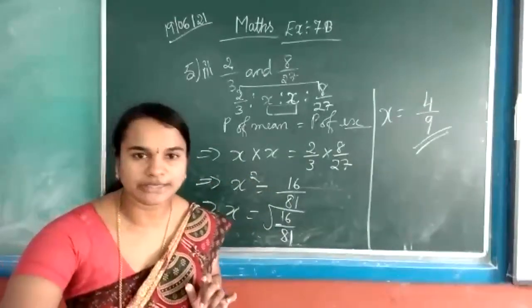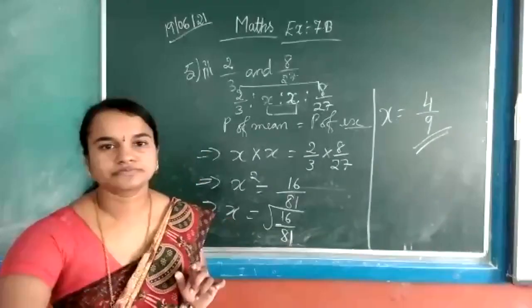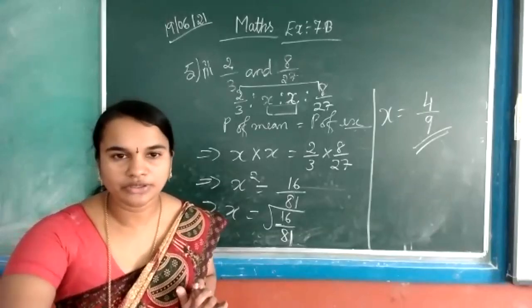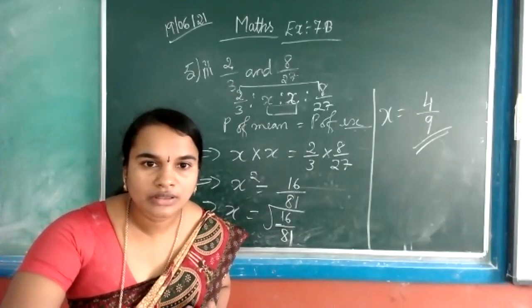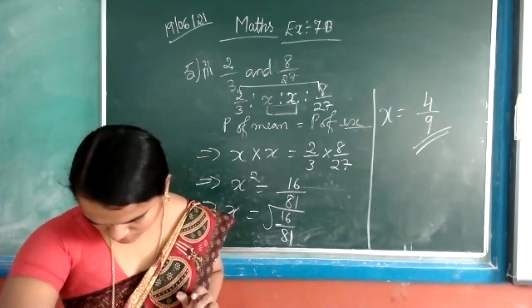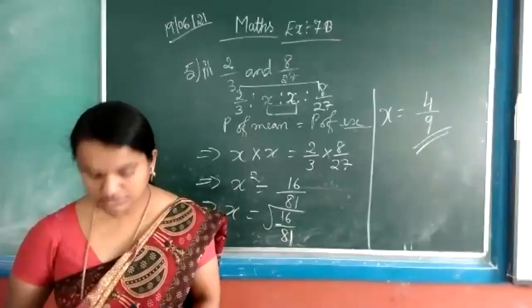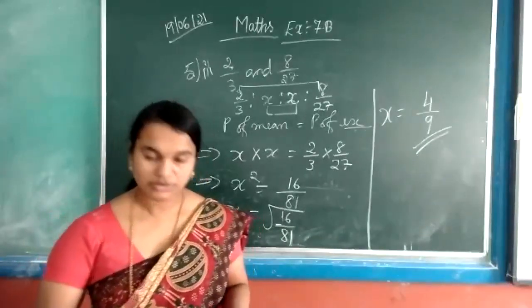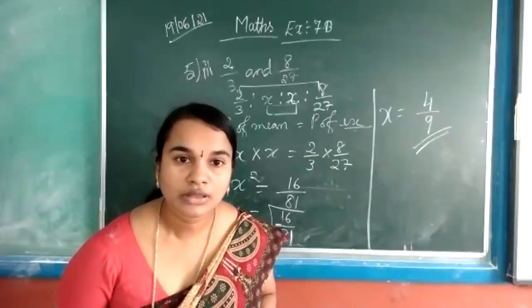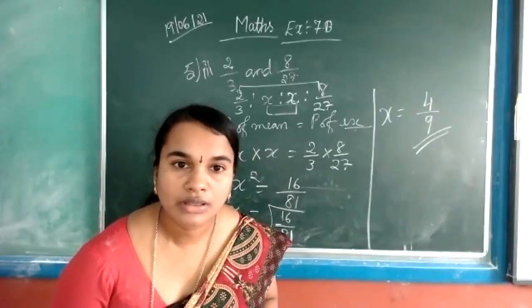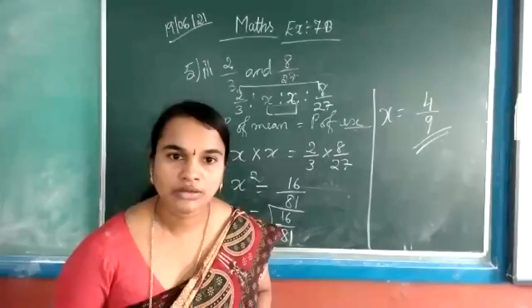What is your doubt, Anmol? Good morning, Miss. In the fourth one, find the fourth proportional to 12 minutes, 24 minutes, 1 meter 68 centimeters. I found the answer 21. The answer was correct, but in the book's back it is written 21 centimeters.